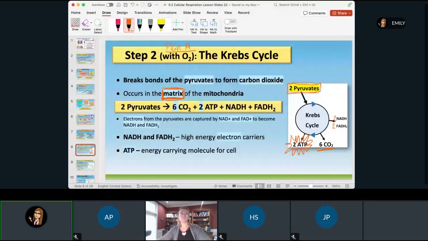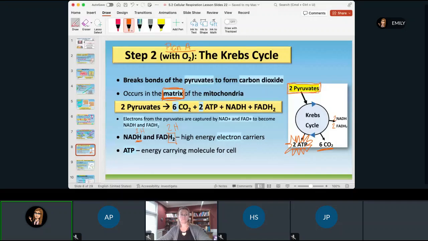So this H2 means that this has 2 hydrogens. This H here means that that only has 1 hydrogen, okay? So it's just high energy electron carriers. This just means you have 2 different trains that are going back and forth and shuttling electrons and hydrogens, okay?